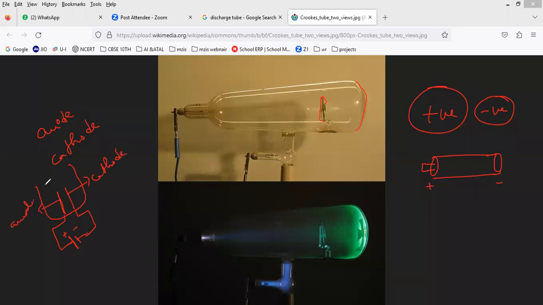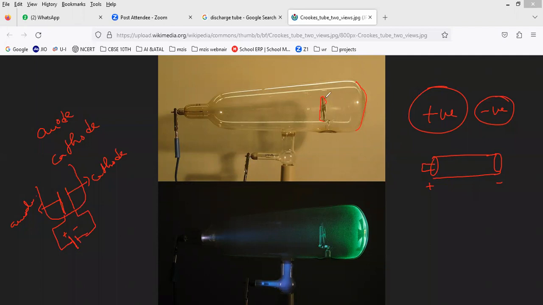So the same thing here also. You can see two circular metal plates called anode and cathode, negatively and positively charged, present inside this discharge tube. We will show that experiment also, don't worry. I will show you that.